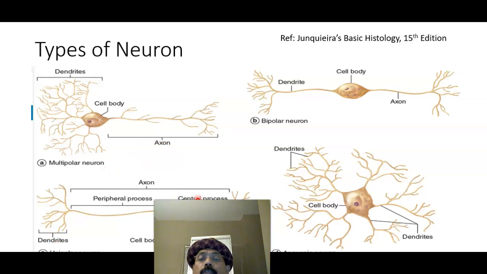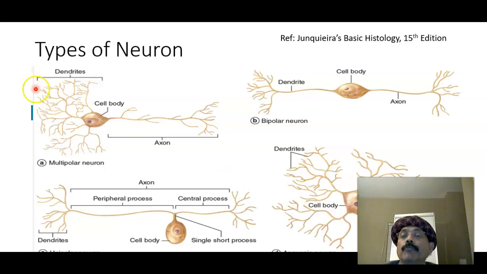Okay. So types of neuron according to the processes. This is a multipolar neuron, one axon and multiple dendrites, that is present in the nervous system, like that of the anterior gray horn of the spinal cord, which contains the motor neurons. There we have also the pyramidal cell in the cerebral cortex as examples of the multipolar neuron.